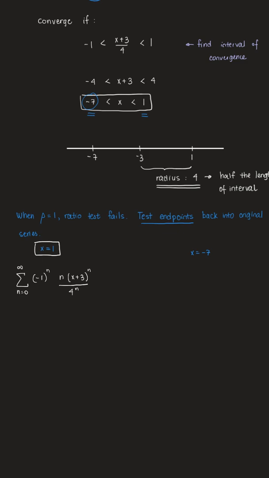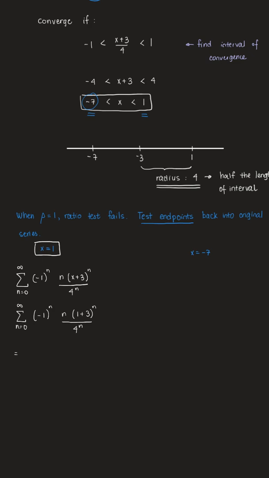So if I put x equal 1 here, we're going to get the sum from n equals 0 to infinity of negative 1 to the nth power, we have an n, I'm putting in 1 for x, so we have (1 plus 3) to the nth power over 4 to the n.